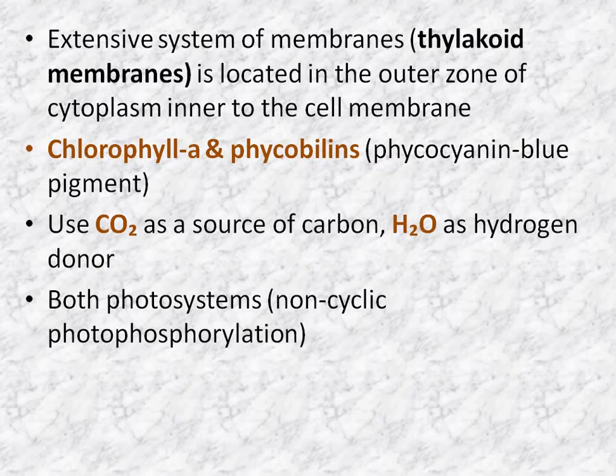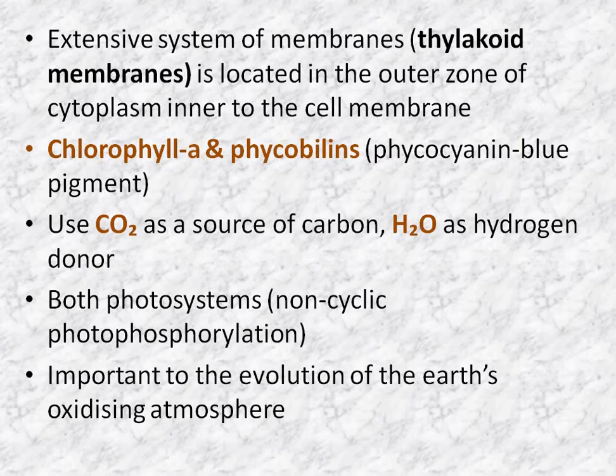Photosystem is actually a group of chlorophyll molecules that trap sunlight and then start the process of photosynthesis, and it is also called non-cyclic photophosphorylation. So this is more closely related to eukaryotes as compared to bacteria or archaea.